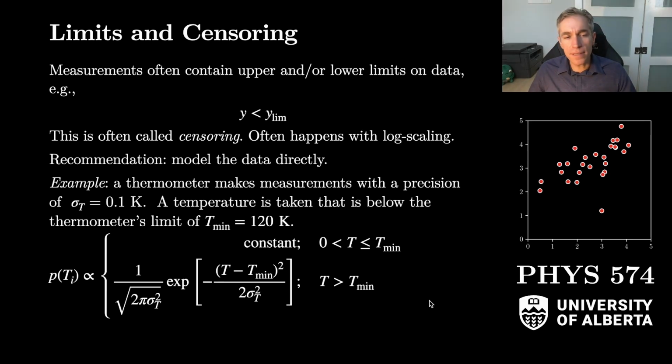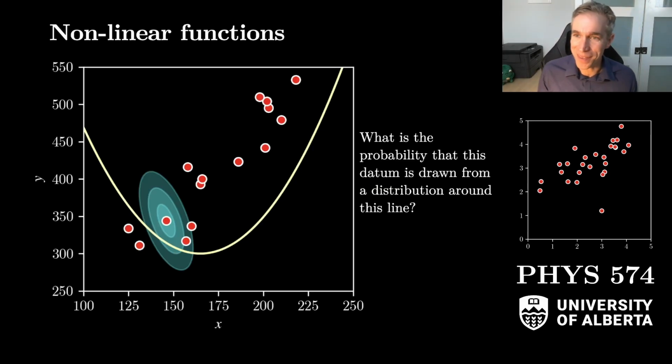The other one to consider is what happens with nonlinear functions. This requires a lot of times direct integration. When we did this with a line, we took advantage of the fact that when I slice through this Gaussian probability cloud, I get a one-dimensional Gaussian that I can use some transforms to figure out the integrated probability along that line.